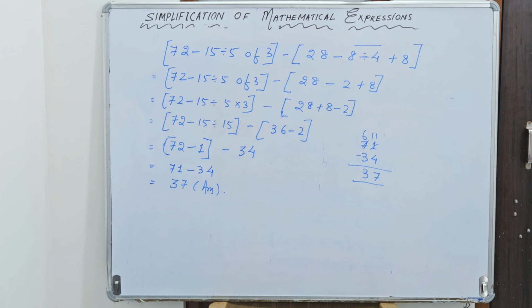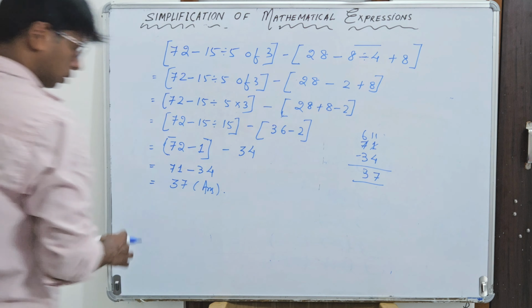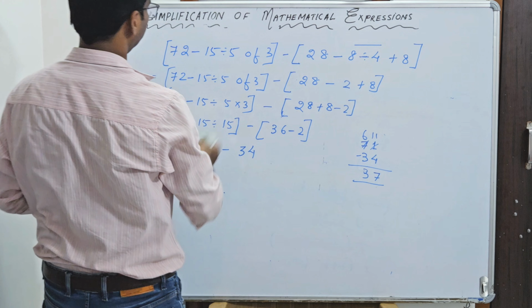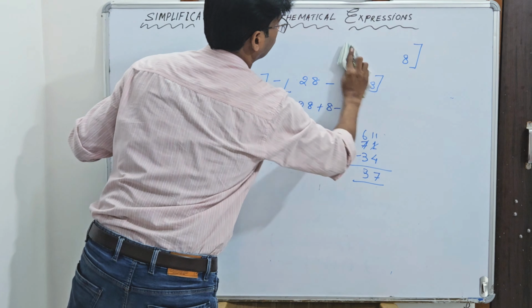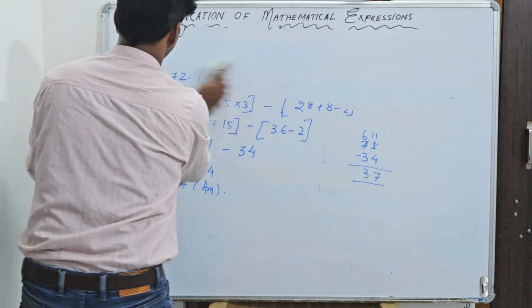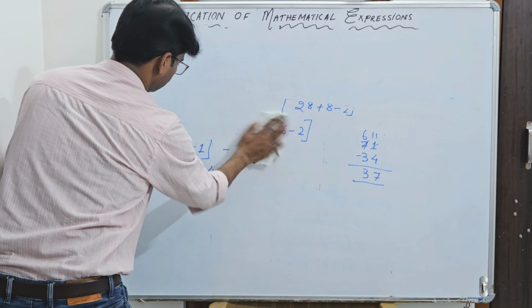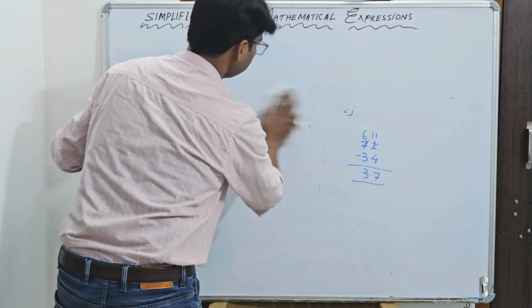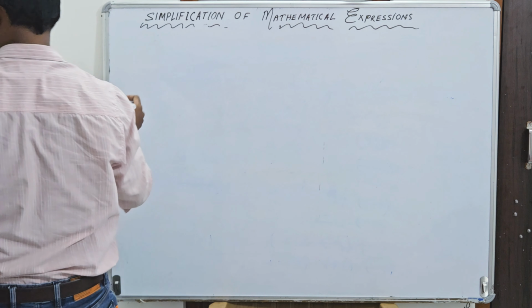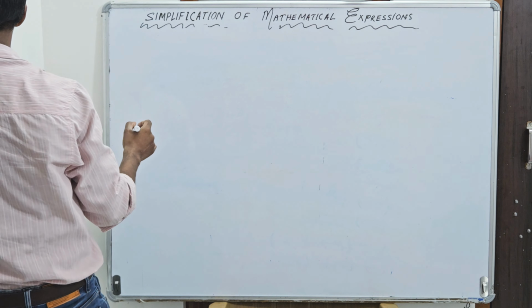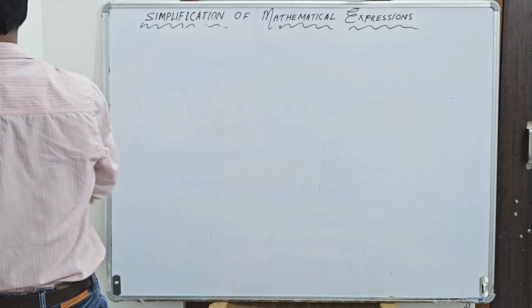Okay. So now let us do the last example for today. The example is like, suppose fractional numbers will be there.